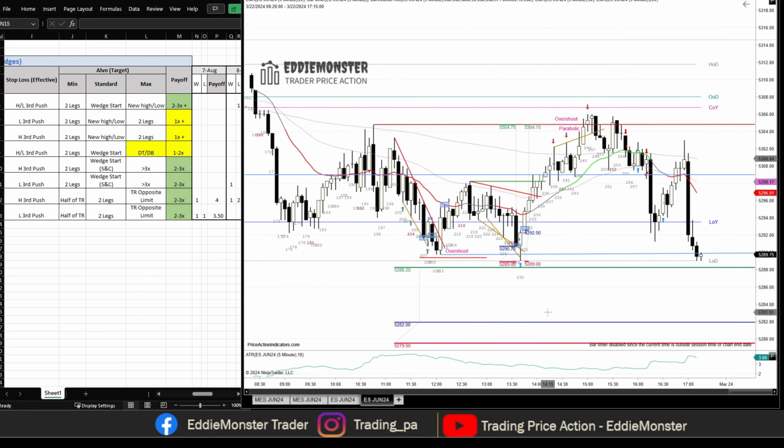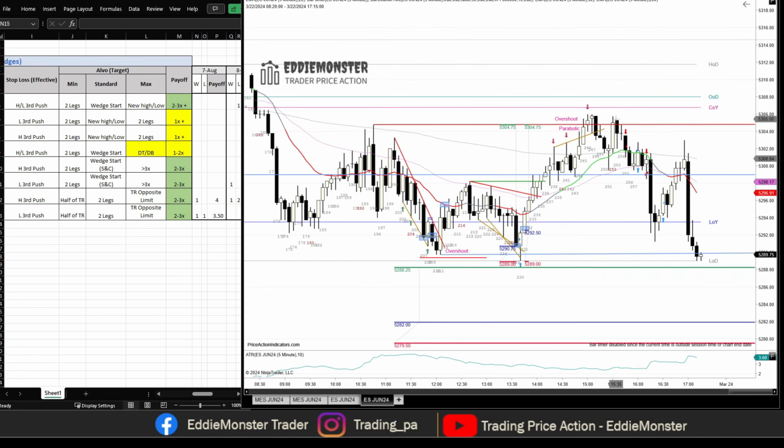So I didn't exit here, I stayed, and I will exit below an L2 like this. This is L2. I did exit below this bar. So this is L1, L2. I always exit swings below L2s with follow through.